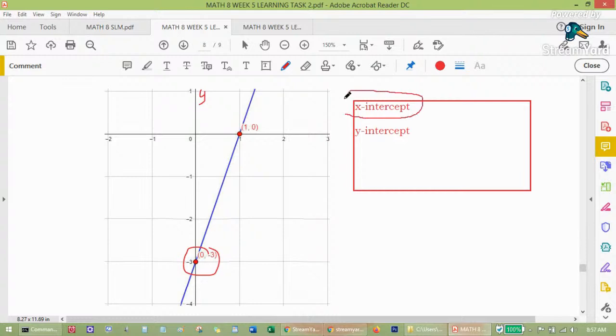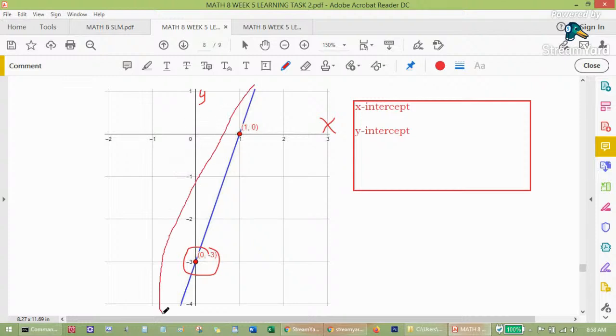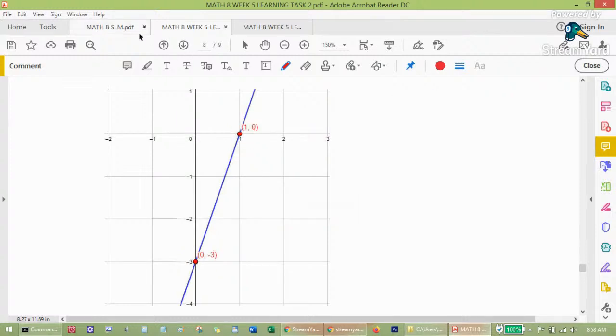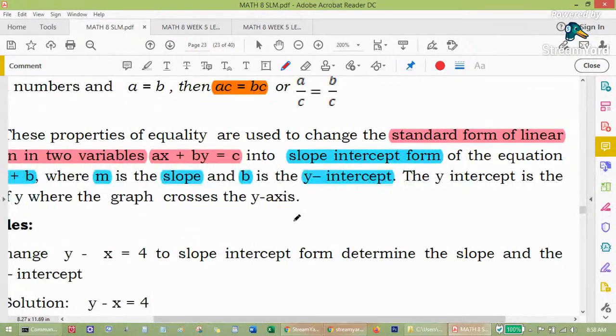The x-intercept, saan magkocross ang x-axis at ang graph? Ito yung x-axis. So, sa point na to, dito sila nag-cross. That is the x-intercept. Okay? So, yun ang x and y-intercept.